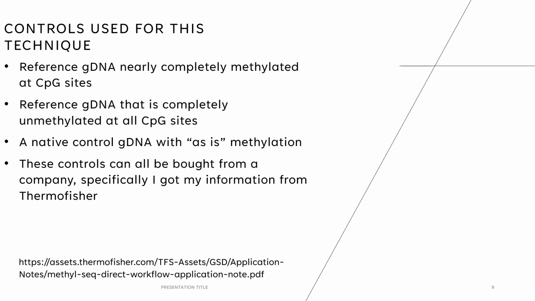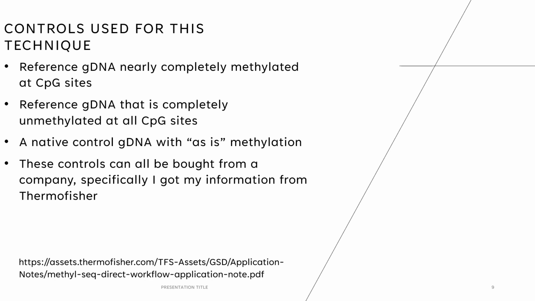There are a few controls used for this technique, and I found most of my information from Thermo Fisher, and all these controls can actually be bought from Thermo Fisher. So the first control is a reference guide DNA that is nearly completely methylated at the CpG sites. And then on the other end of the spectrum, there's also reference guide DNA that is completely unmethylated at all CpG sites.